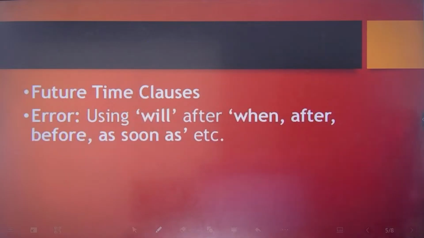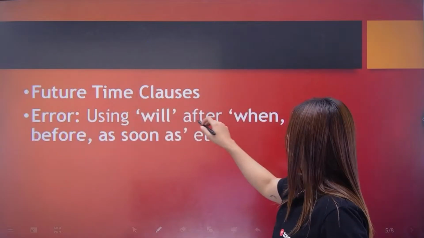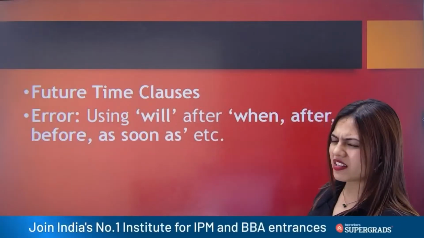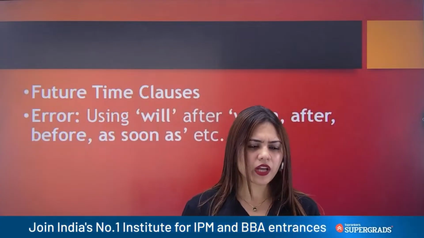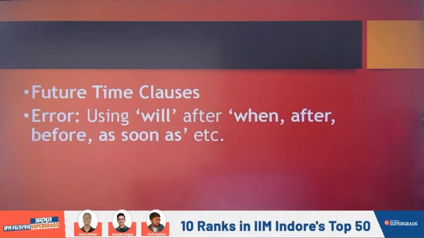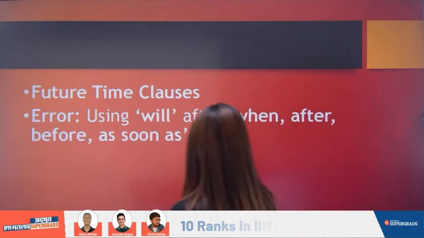Then, future time clauses using will: after, when, before, as soon as, etc. These are also time expressions, by the way. So if we are talking about this, for example, I will call you after I reach home.